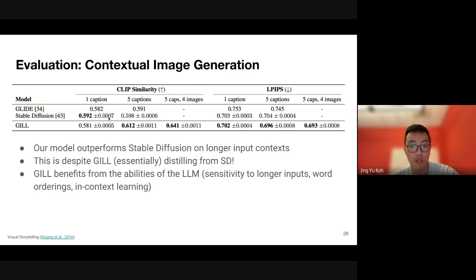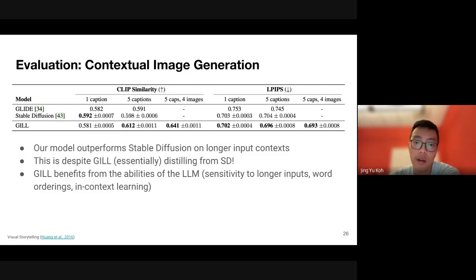So it's able to produce more relevant images when you have a smaller number of captions. But as you start to increase the number of captions, our model outperforms Stable Diffusion. When you provide 5 captions to both models, our model achieves a higher similarity and a lower LPIPS. LPIPS is a distance metric, so lower is better.